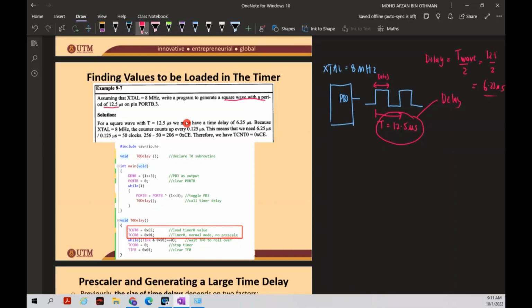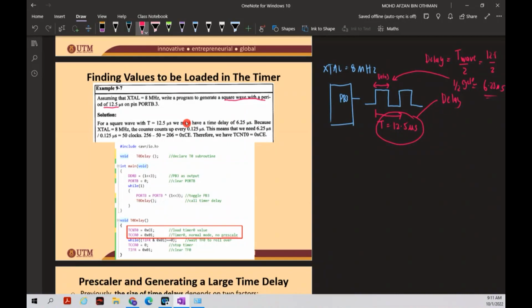This half cycle is the delay that you are going to generate every time you produce logic high and logic low.